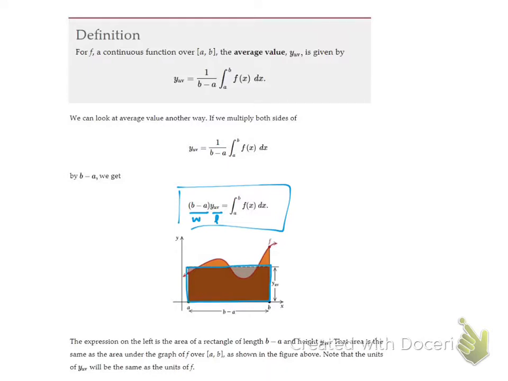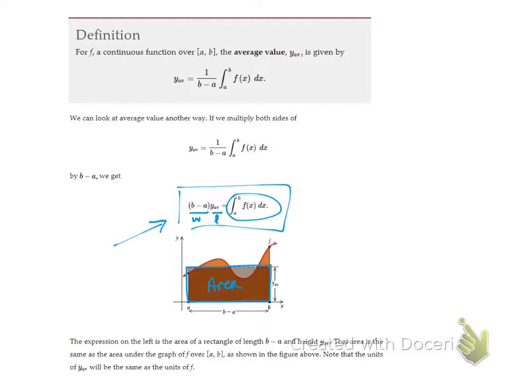When we multiply b minus a times y, we'll get the area of this rectangle. So what this equation is saying is the area of that rectangle is exactly equal to the area underneath the curve of this function. So if we find the average value of a function and multiply it by the width of the interval, it will be exactly equal to the total area underneath that function.